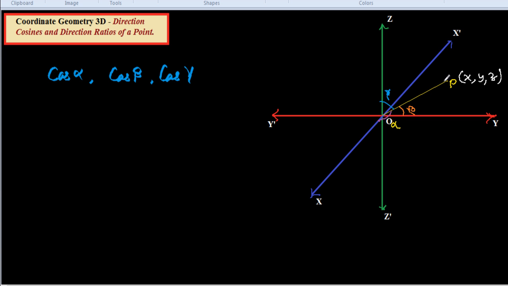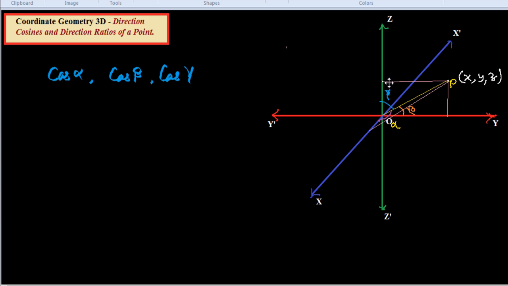Now I draw a line perpendicular on the x axis, on the y axis, and on the z axis directly. Let us see what happens here if we draw this line perpendicular. So this is the perpendicular I draw on the x axis, one perpendicular on the y axis, and one on the z axis.